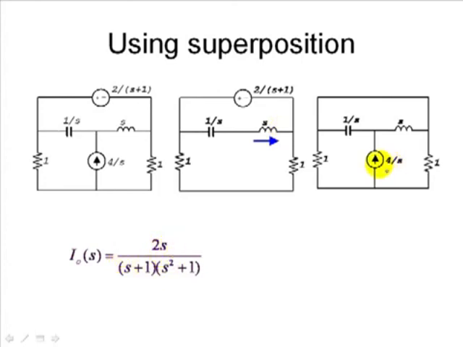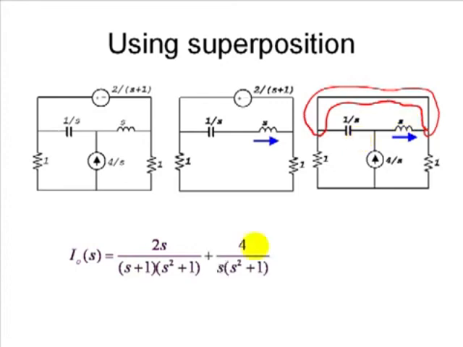And the contribution of the current source is a current divider, this current. Observe that the inductor and the capacitor in this circuit are in parallel. They share this node here, and they also share this node, which is the same one. So you see they are indeed in parallel, and the current here in this inductor is 4 over s, that multiplies 1 over s, divided by the sum of 1 over s plus s, a current divider.